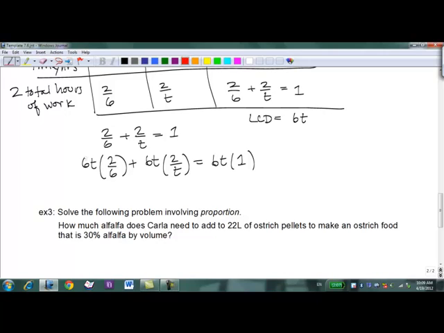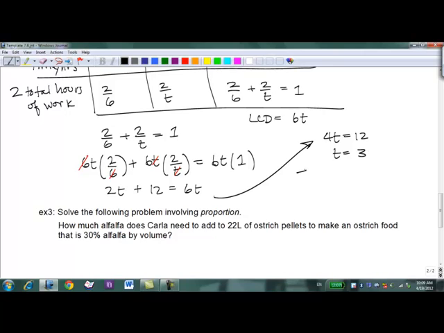We have some reducing. The 6's cancel here, the t's cancel here, and what I end up with is 2t plus 12 equals 6t. 6t minus 2t is 4t equals 12, and dividing by 4, t equals 3.